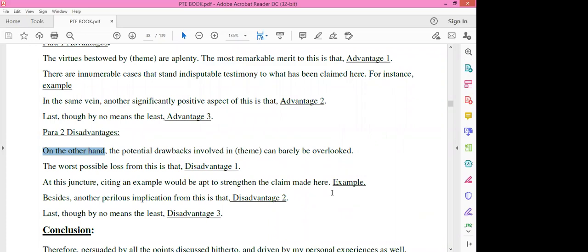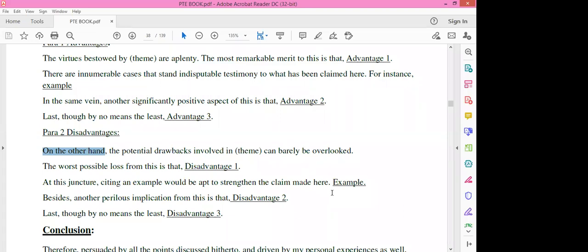Besides, another perilous implication from this is that there is a sense of insecurity in staying in these faraway lands, due to the growing racial conflicts. There's a sense of insecurity in staying in these lands due to growing racial discrimination, growing racism, growing racial conflicts, any of the words you can use.